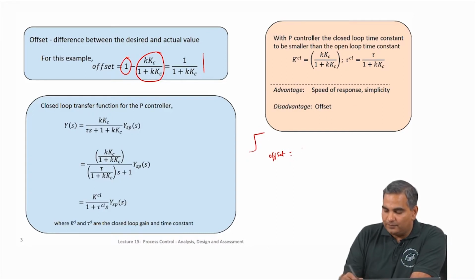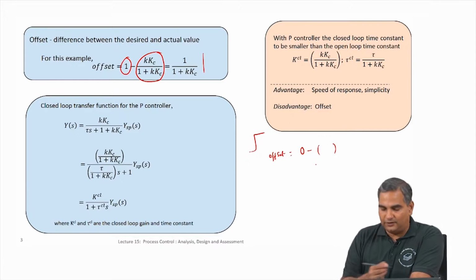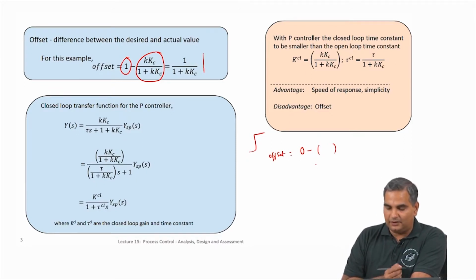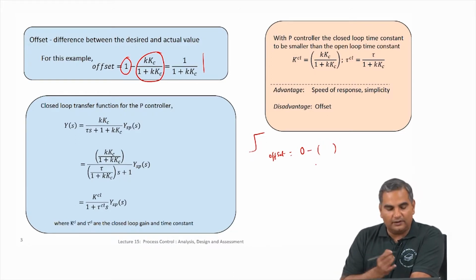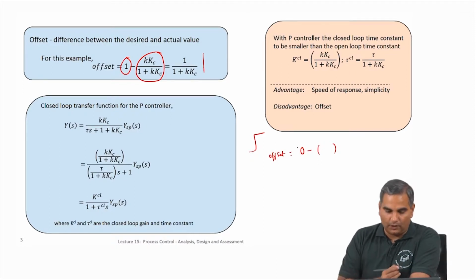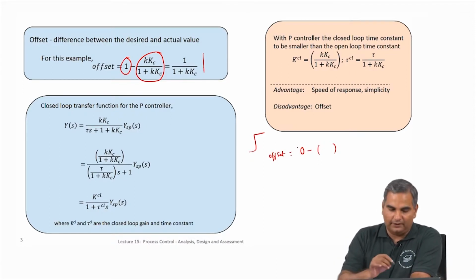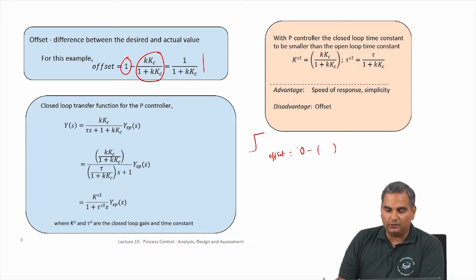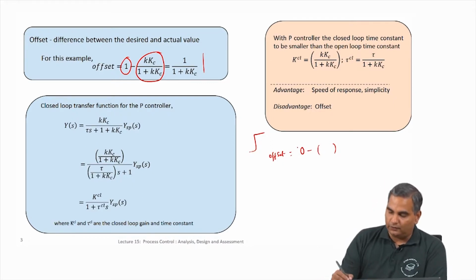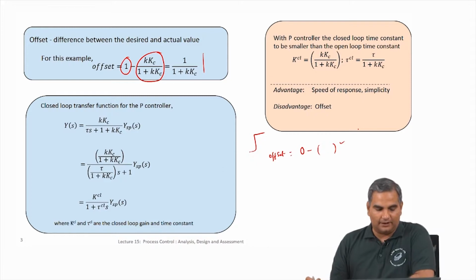So that is 0, but whatever value it takes, that difference is the offset. This will be a negative number, but you can basically say this is the difference between what is desired and what I get. So you can find this as 0 minus that value if you want. That is another important definition that people generally use. It would be worthwhile for you to do this computation and see what happens.